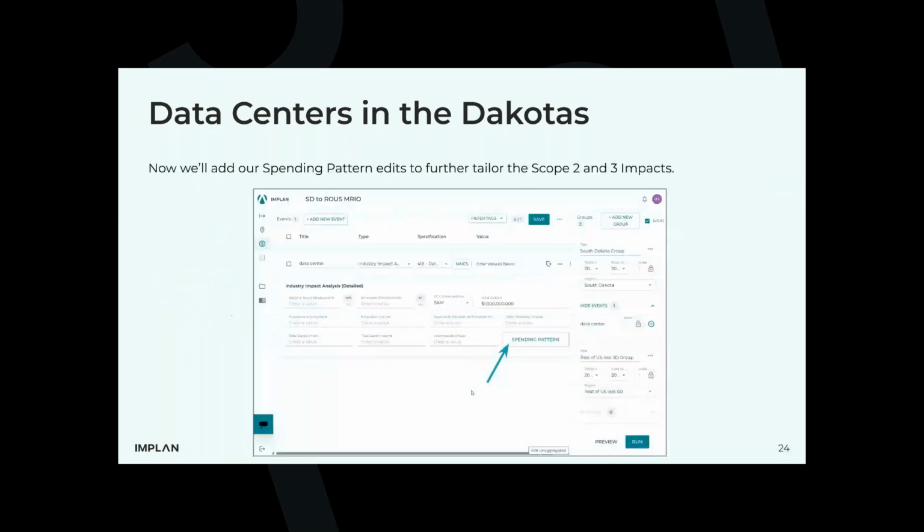So these edits can be made inside of our spending pattern. So before, all we entered was the $1 billion with industry 418 for data centers, and we didn't make any further edits. Now we're going to click into the spending pattern modal and make those edits we just spoke about.